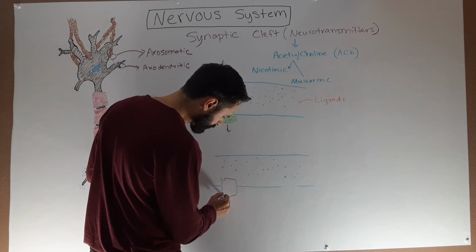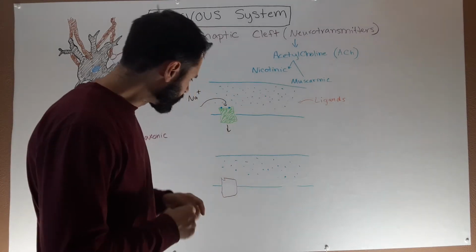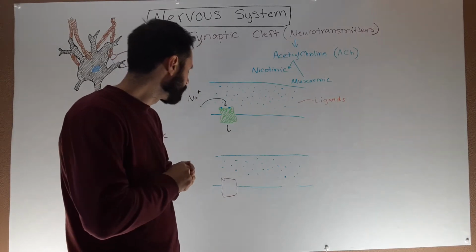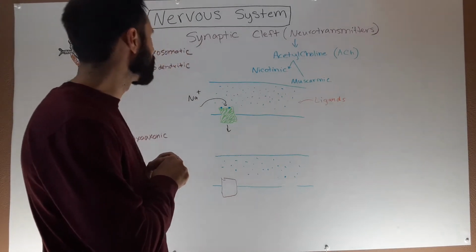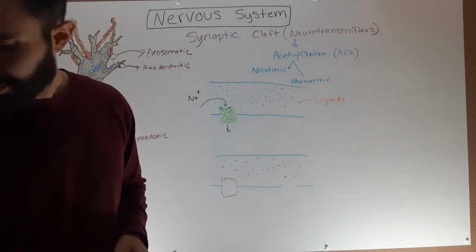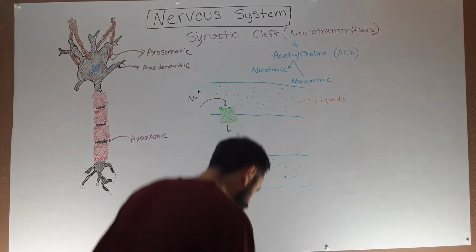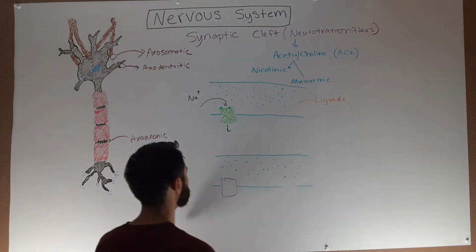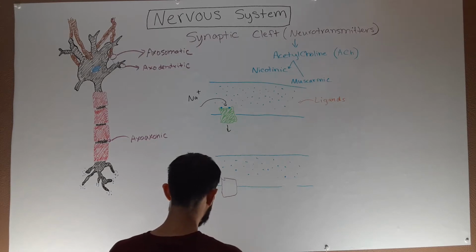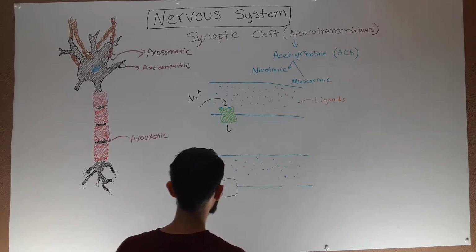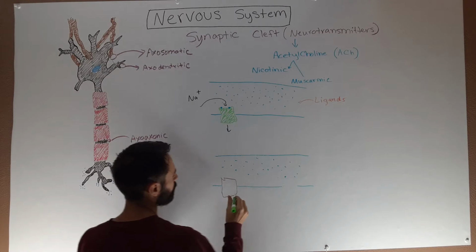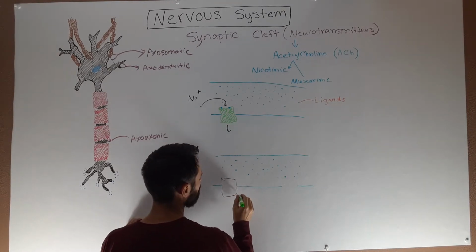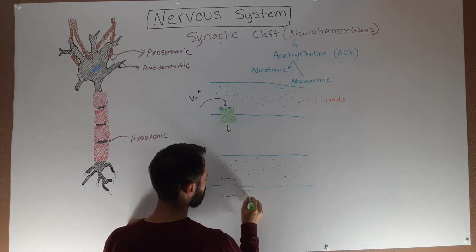Now, this is called a G-coupled protein receptor. So what does G-coupled have to do with it? The G is actually for guanine. Here you have these three proteins that are all connected.